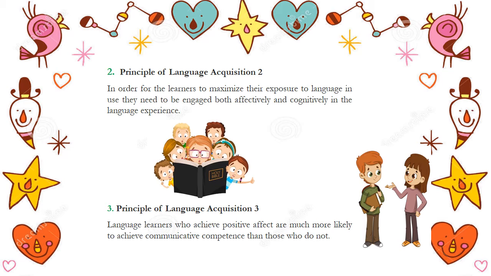The second principle of language acquisition: in order for the learners to maximize their exposure to language in use, they need to be engaged both affectively and cognitively in the language experience. Prioritize the potential for engagement, for example, basing a unit on a text or a topic which is likely to achieve affective and cognitive engagement.